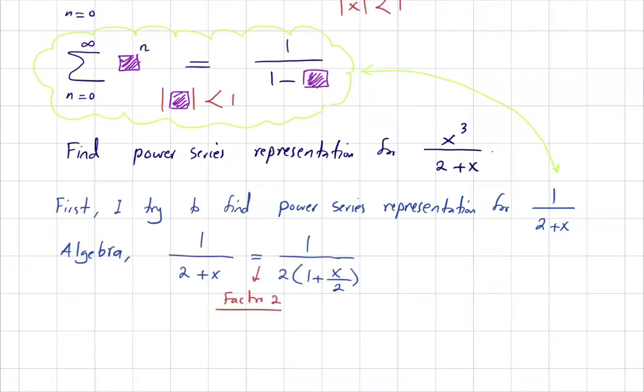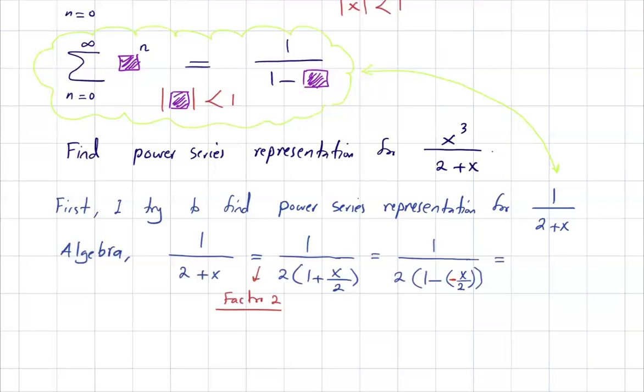Now I'm going to rewrite the quantity inside parentheses as 1 divided by 2, open parentheses, 1 minus, open parenthesis again, minus x divided by 2. So minus minus cancel out and you get the exact same original quantity that you already have. But it helps me to write this in terms of the pattern that I have up there.